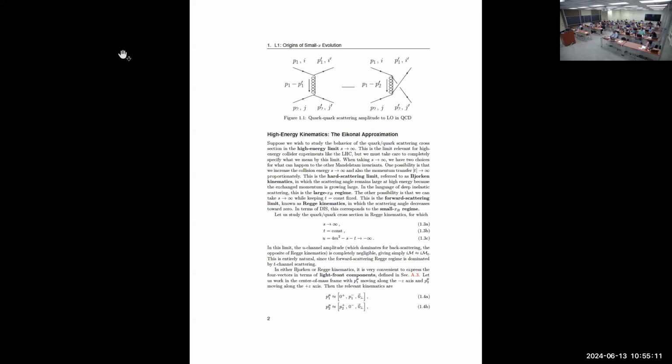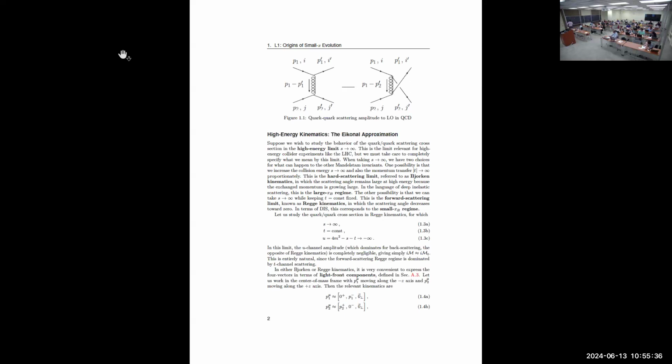So if I choose these conventions in my limits, okay, so P1 is this. P2 has a large P2 plus. Its minus momentum is on shell, so this is now just m squared over 2p1 minus. This is now m squared over 2p2 plus.